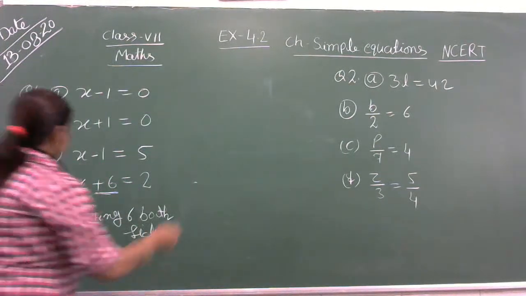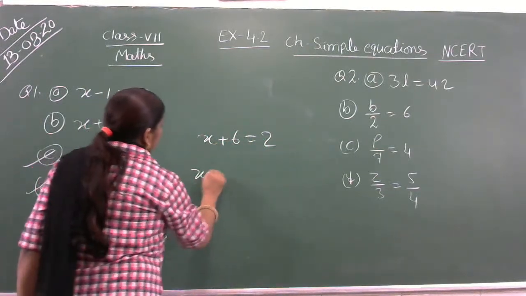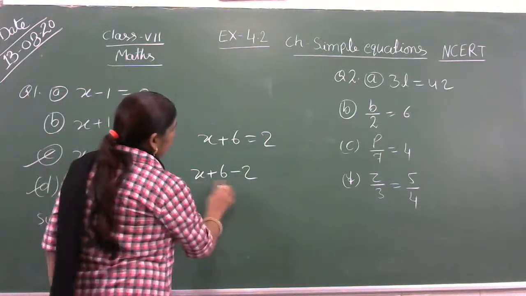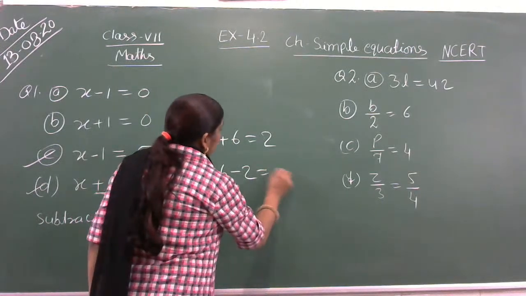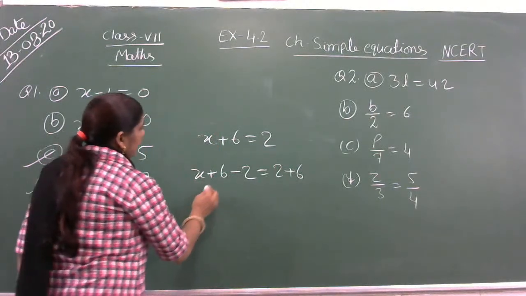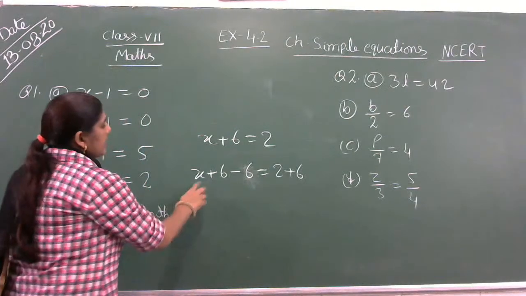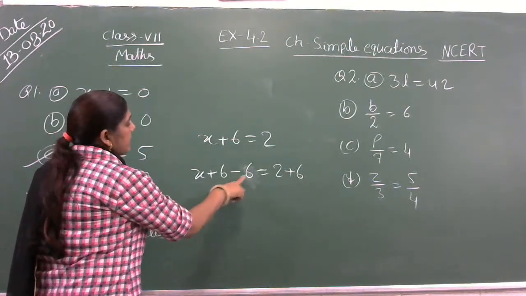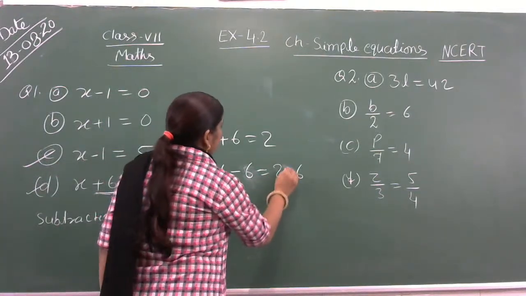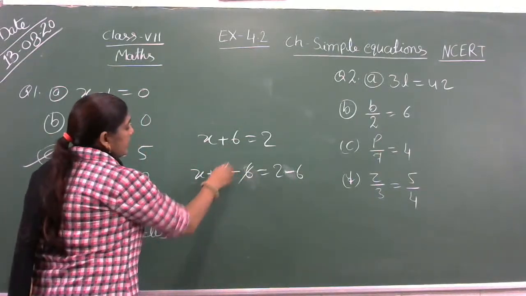So x plus 6 minus 6 equals 2 minus 6, because we are subtracting.